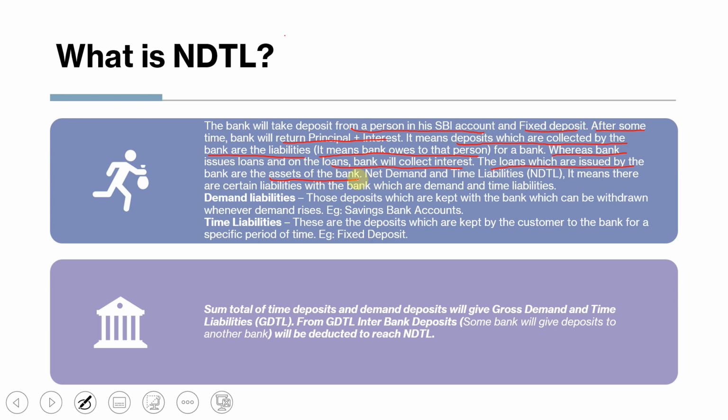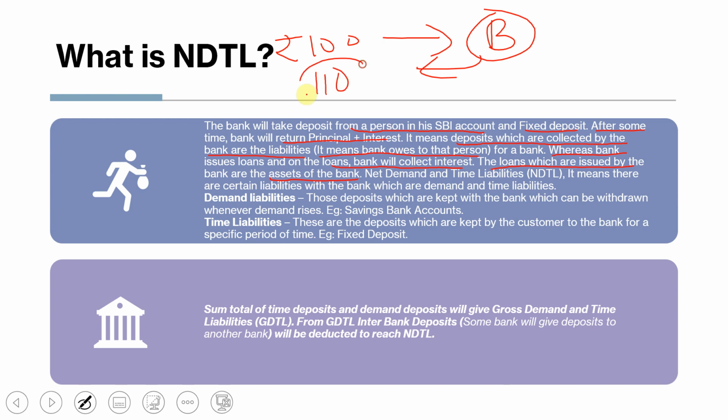Say you have rupees 100 and you deposited it in the bank. The bank will return you rupees 110 as interest after some period of time. Now the bank will lend your rupees 100 in the market, and the bank will charge more interest from the market.